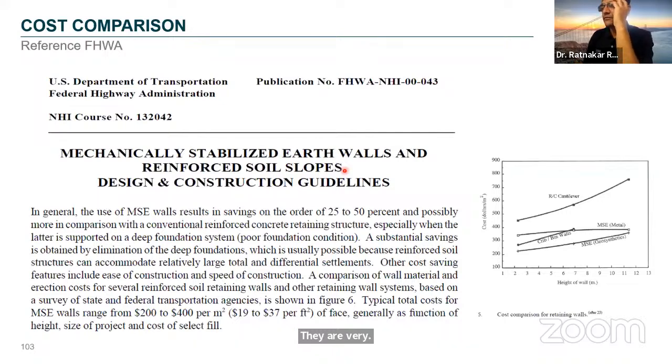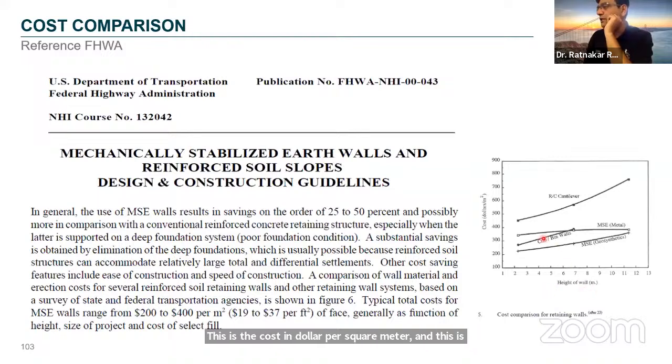Another example of the cost effectiveness of these reinforced soil walls, you can refer, this is a document from FHWA. This is the cost in dollar per square meter fascia, and this is the height of wall. So you can see a reinforced concrete wall, the cost is from 2 meter to 12 meter, the highest one. The crib walls, bin walls, this is the cost.